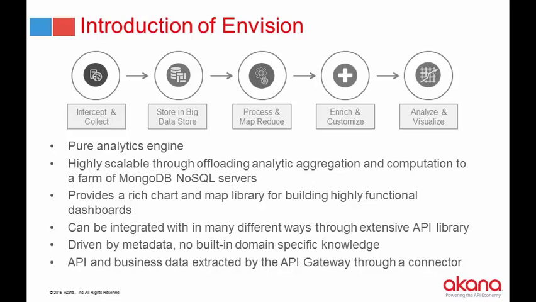In our case of the retail industry, it would look at transactional information and extract things like the store that the purchase was made from, what the item was that was being purchased, the price of that item, and on and on. Anything that is specific to the business and important for you to analyze can be extracted from the messages that come through the API gateway.